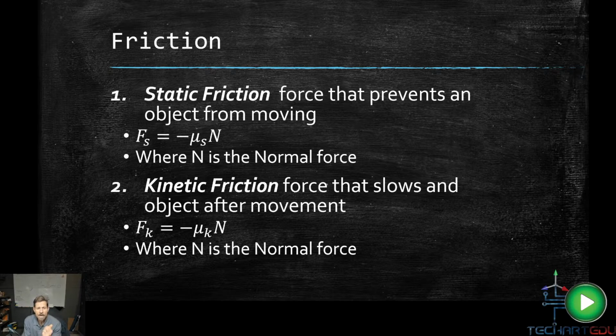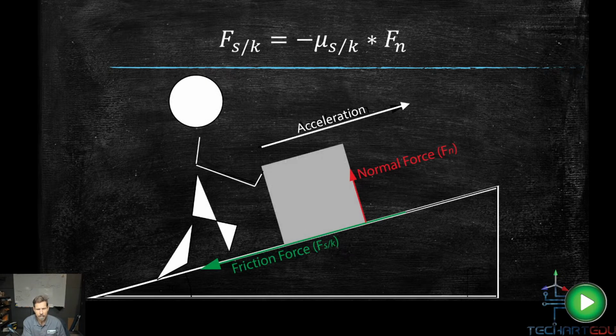But notice here that the two formulas are exactly the same. Whether the force of friction is static or kinetic, it equals the coefficient of static friction or the coefficient of kinetic friction multiplied by the normal. So static friction and kinetic friction, although they are two different critters, look and behave basically the same way.